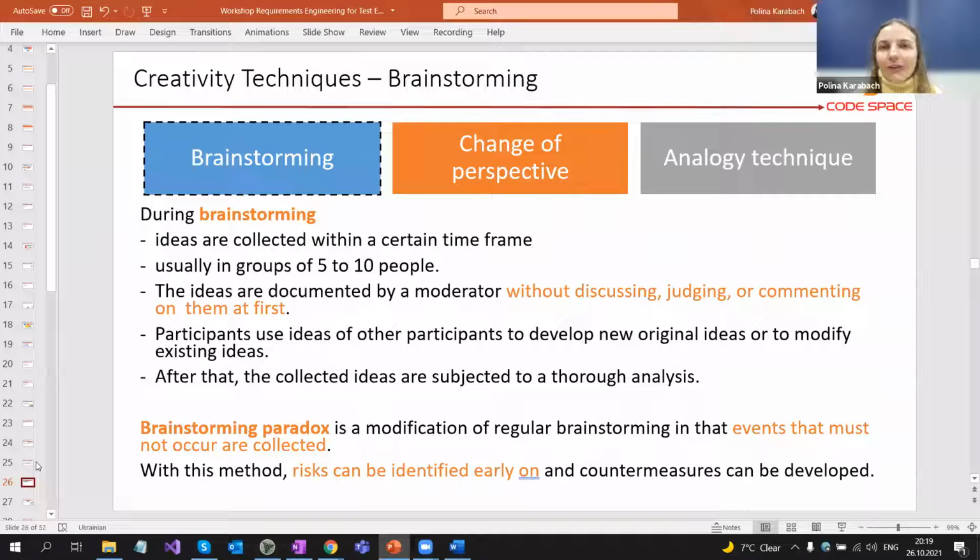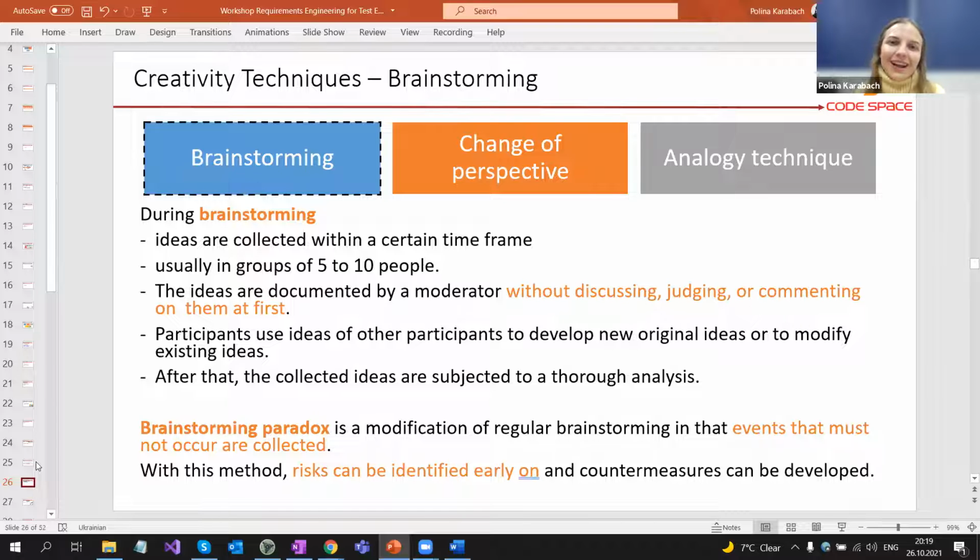The very nice effect of brainstorming is that there is a synergy effect, and we get things that one person wouldn't be able to create. In the collaboration of several people, it's really possible to brainstorm something completely new that separate people wouldn't be able to generate.